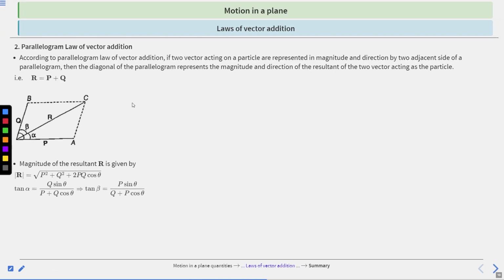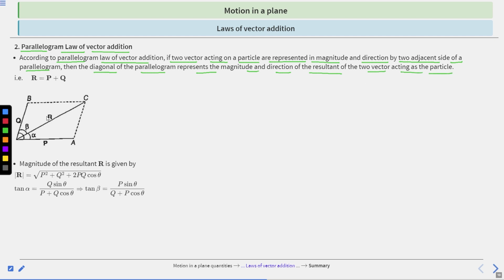Next is parallelogram law of vector addition. According to the parallelogram law of vector addition, if two vectors acting on a particle are represented in magnitude and direction by two adjacent sides of a parallelogram, then the diagonal of the parallelogram represents the magnitude and direction of the resultant of the two vectors acting at a particle.